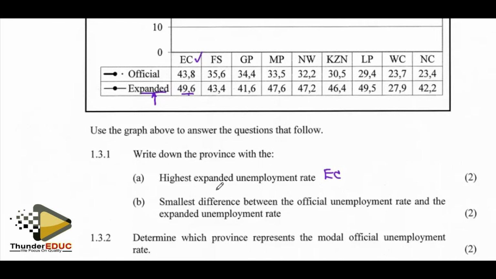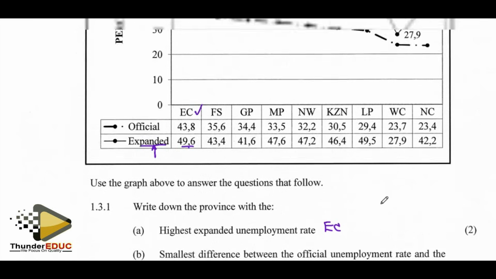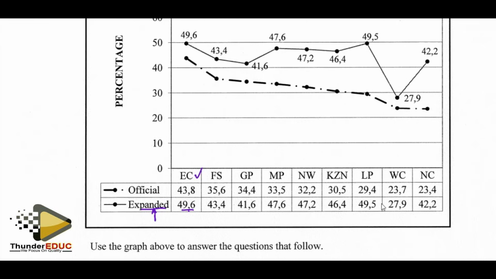Then, which province has the smallest difference between the official unemployment rate and the expanded unemployment rate? I'm here looking at this graph here, you follow. You see, there's a gap here. It expands a bit. It keeps on expanding. This is too much.